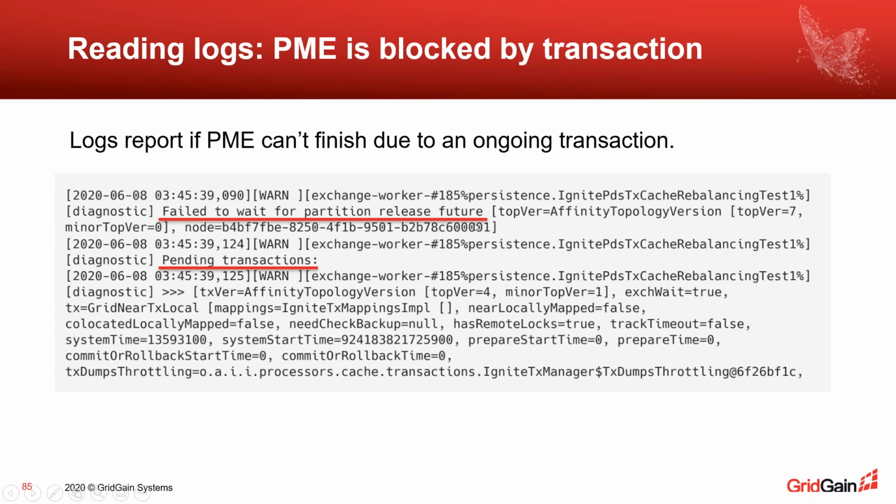It may sound strange, but the presence of this message in logs is a direct signal of the fact that the partition map exchange procedure cannot be finished because of some transaction or because of some user load that is still in progress. And below that message there will be information about transactions that are currently pending, and you may analyze this information and also be aware that something is wrong with your transactions usage.